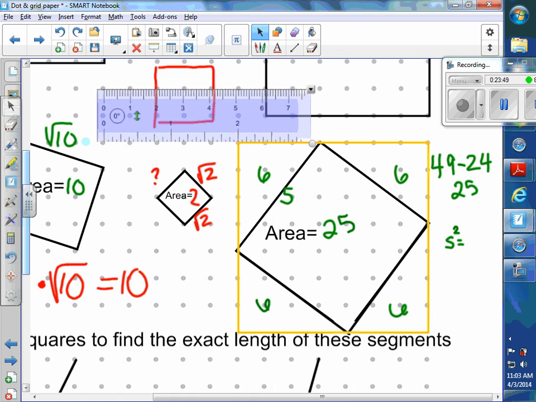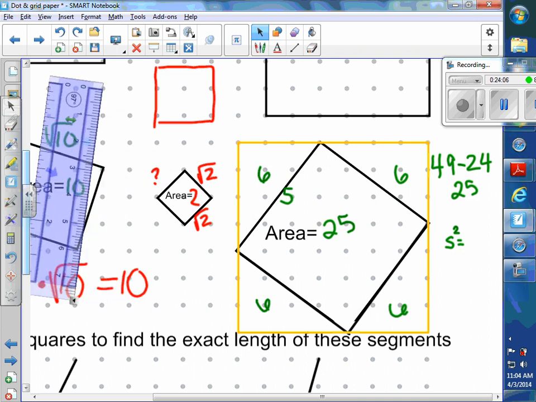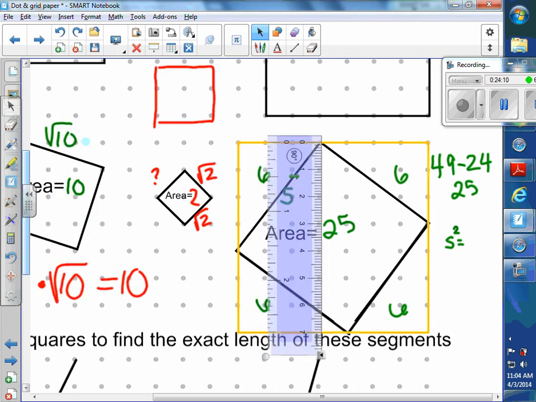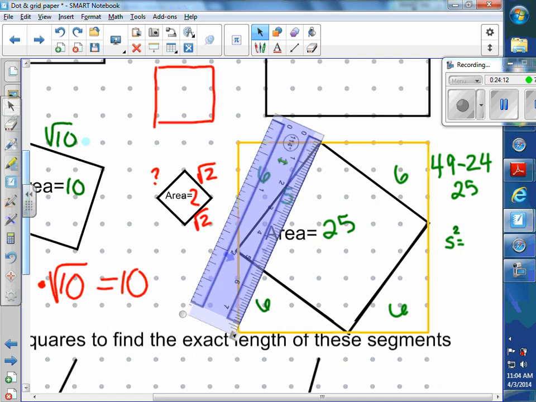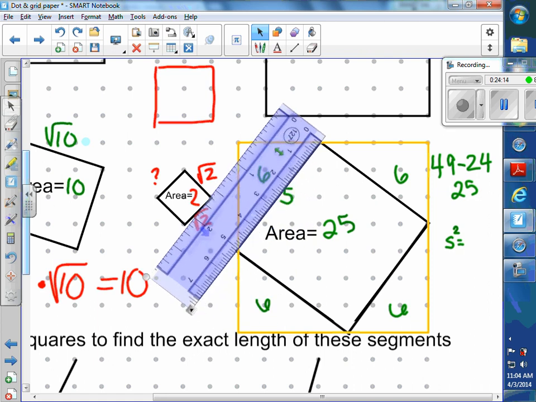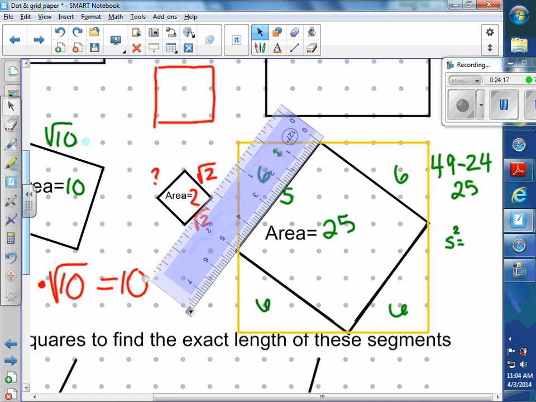Well, can we say a unit apart? But on my board, my unit is going to be a centimeter because I have that grid. So your 1 unit would work like mine. Now when I rotate this and put it over here, I should be able to measure a side, and it's 5. There's a little tiny bit of an error here, just because of the thickness of the line. So it is 5. Does that make sense?